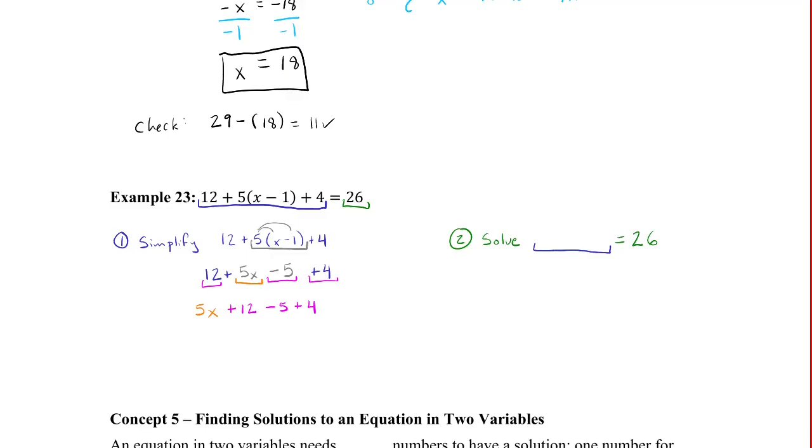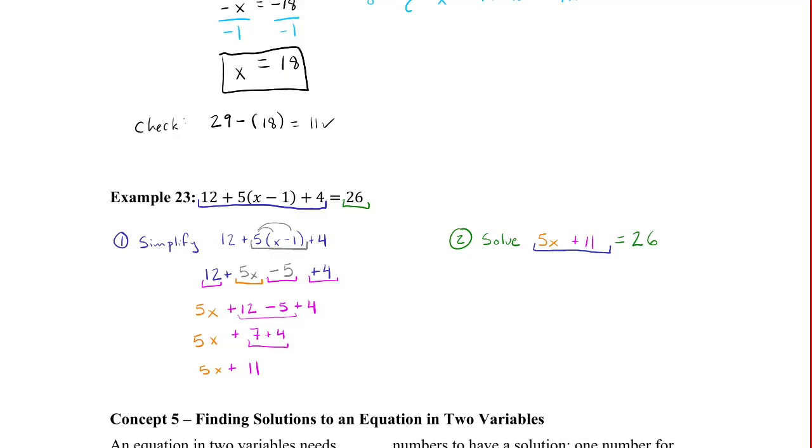Okay, I can just go through and combine these from left to right. 12 minus 5, not doing anything with the 5x. 12 minus 5 is 7. And then 7 plus 4 is 11. So that complicated expression on the left simplified to 5x plus 11.